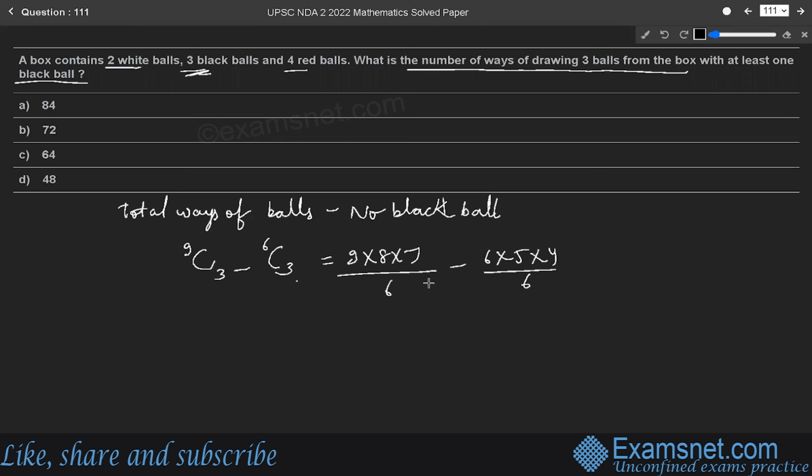On further cancelling, we will get 3, 4, 1 and 3, which will be equal to 84 minus 6, and 6 will be cancelled. 5 4s are 20. 84 minus 20 is 64. So 64 is the number of ways of drawing 3 balls from the box with at least a black ball. So option C is correct for this question.